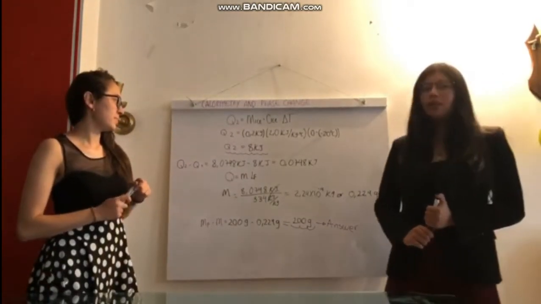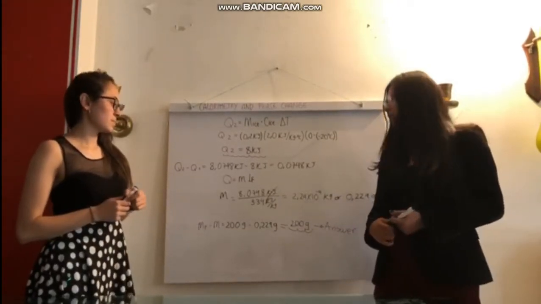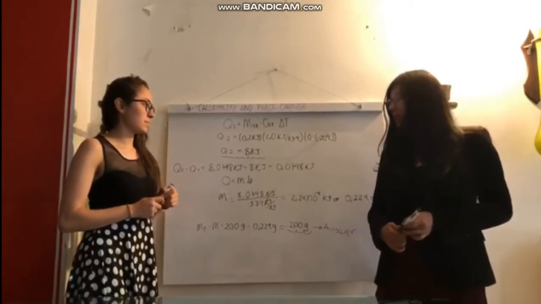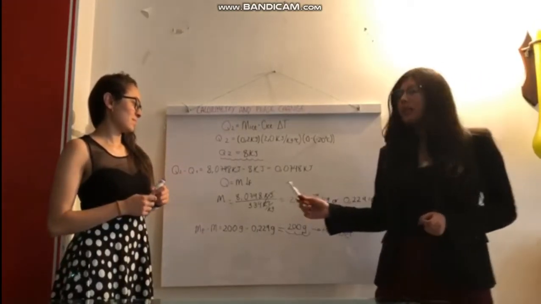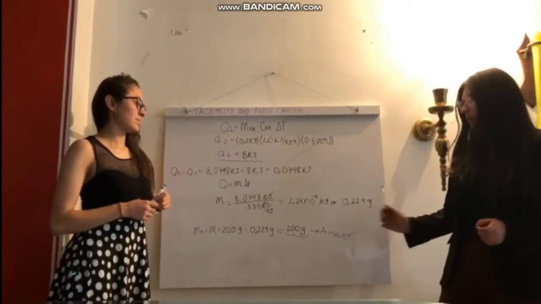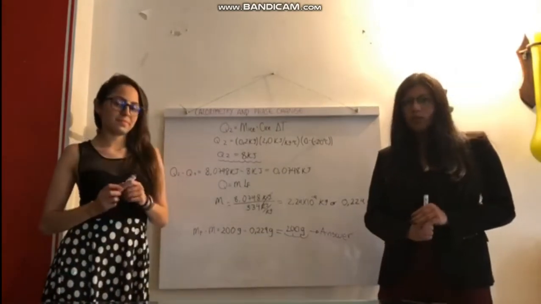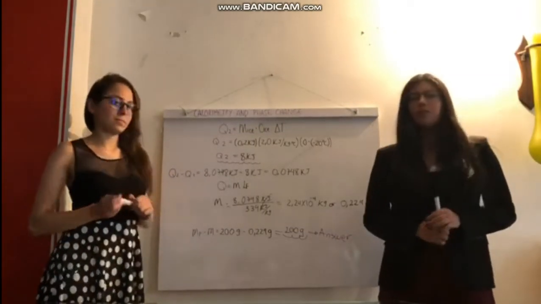Now we equate the heat to the mass of the ice times the latent heat of melting, determining that the mass of the ice melting is 0.224 grams. So in conclusion, the ice that remains in the system is 200 grams.